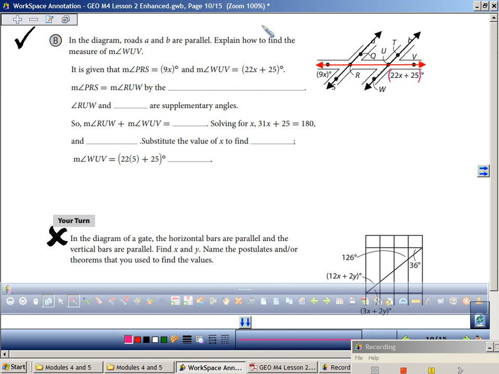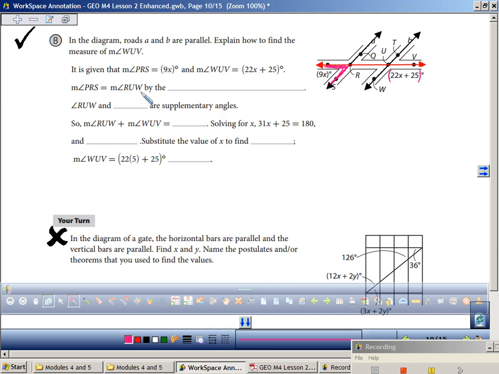All righty. So it says it is given that the measure of PRS, there's no P here, but this is it. This is PRS. PRS is 9x. And the measure of WUV, that's the one they gave us, is 22x plus 25.